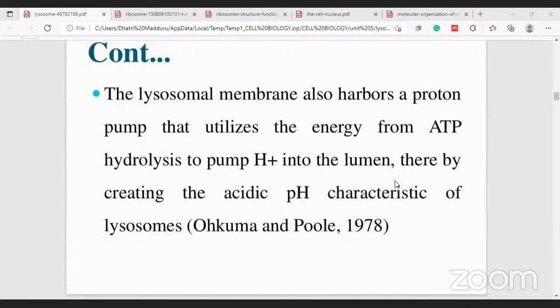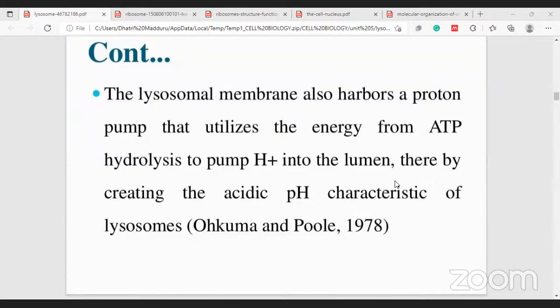The lysosomal membrane also harbors a proton pump that utilizes the energy from ATP hydrolysis to pump protons into the lumen, thereby creating an acidic pH, which is characteristic of lysosomes. Yesterday when we discussed mitochondria, we discussed a lot about proton pumps and how ATP is synthesized. Here also in the lysosomal membrane we have a proton pump.